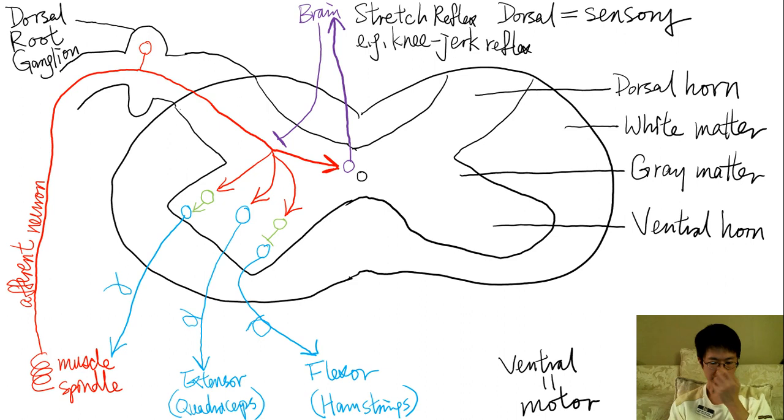And we call these two, do I have enough space to write on it? The innervation between the extensor and the flexor, we call it reciprocal innervation.